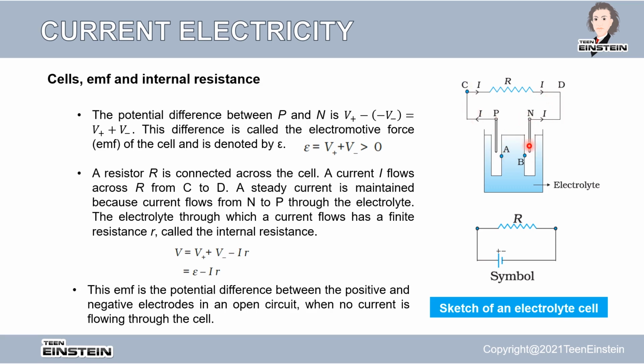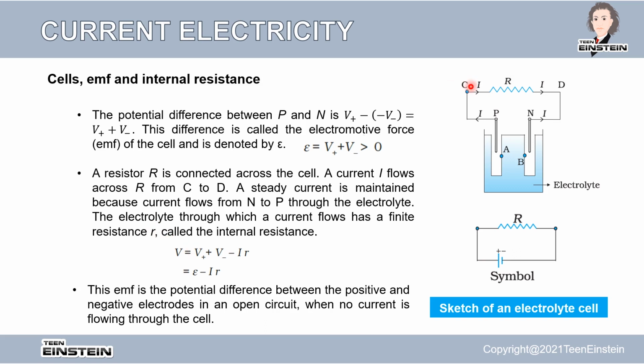So inside the cell, through the electrolyte, the current flows from N to P. The electrolyte through which a current flows has a finite resistance, because we already talked about resistance in conductors. Just as the outside circuit has a resistance, capital R, similarly the electrolyte also has a resistance, which is called internal resistance and denoted by small r.